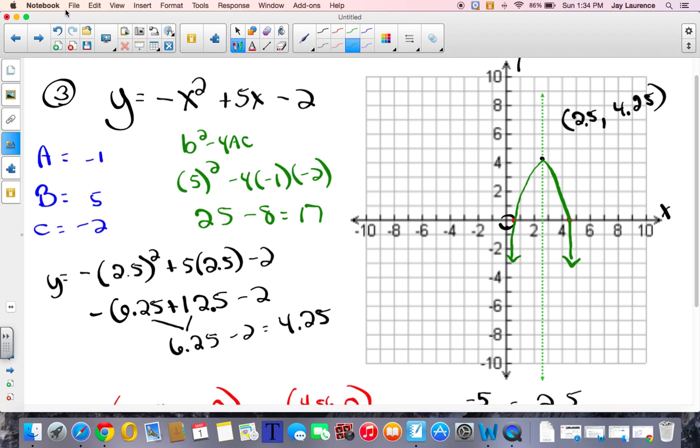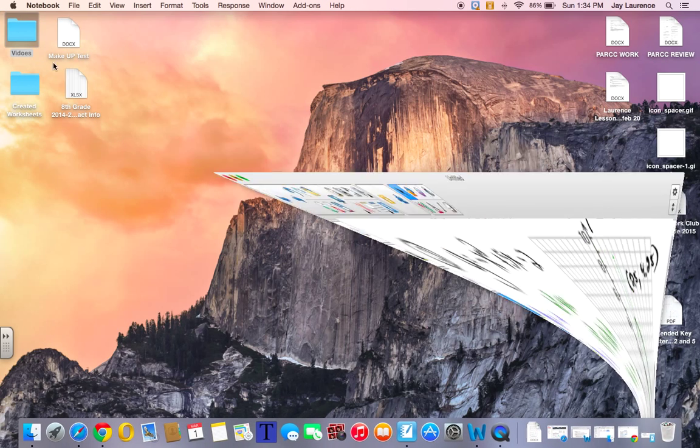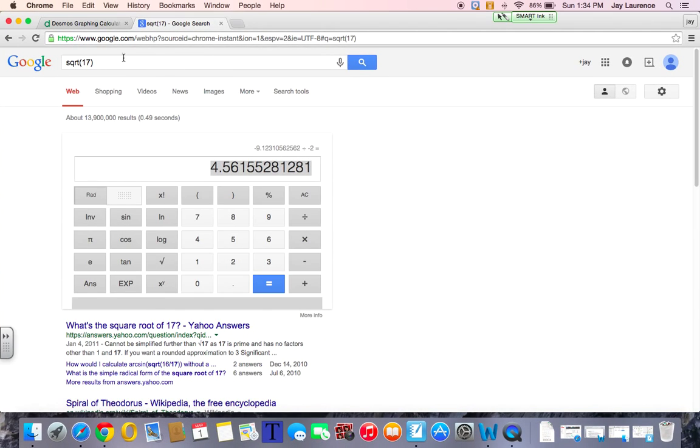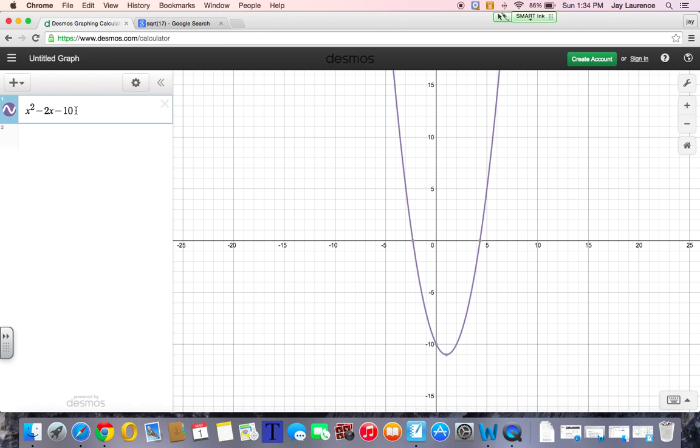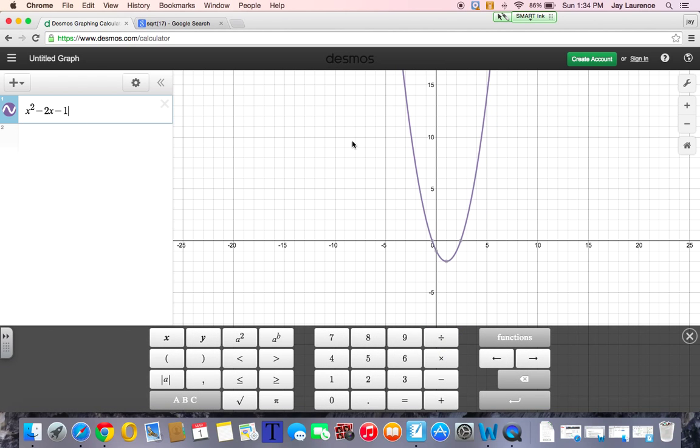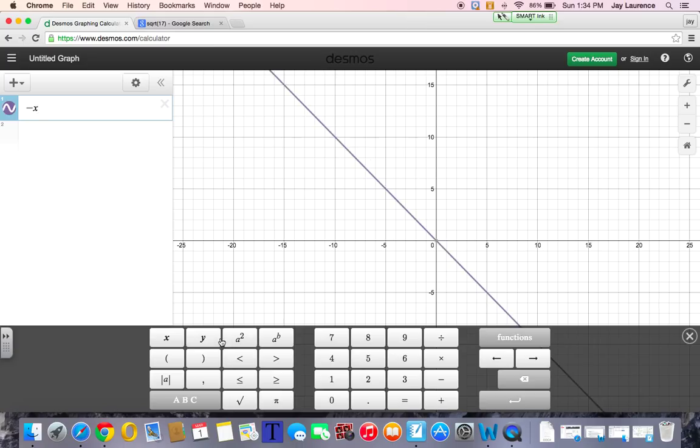Now, just to show I haven't made any mistakes, let's go to the graph over here on Desmos. And that's going to be what? Negative x squared, negative x, oops. Actually, notice x times x is x squared. Did you notice that?